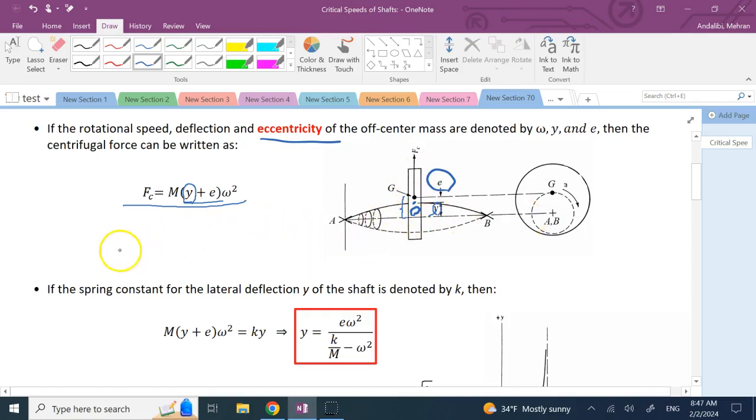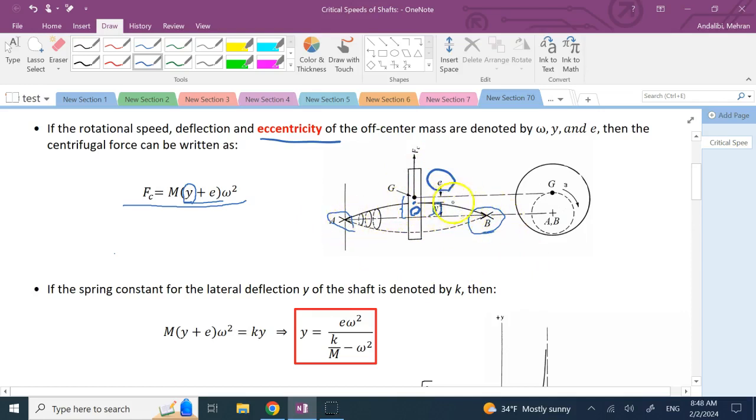As you know from vibrations theory, each physical member, like this shaft, has some spring constant, some stiffness, depending on the boundary conditions it has and where the load is applied. So for instance, in this case, if you call it a simply supported beam with the load in the center, then it can have a constant K, and that K depends on the cross section or the diameter of the shaft.